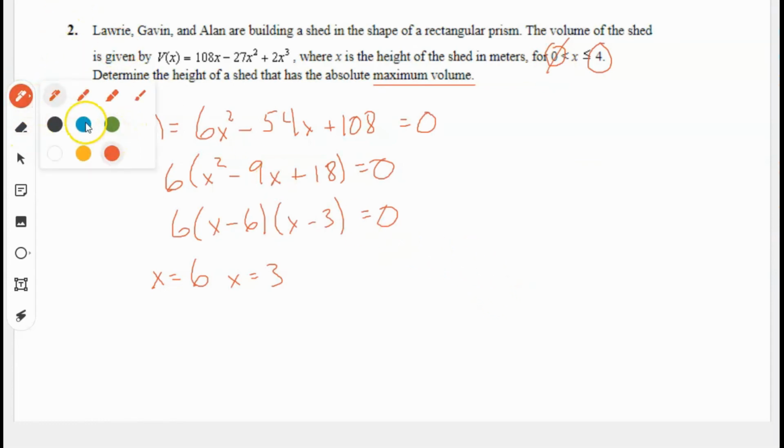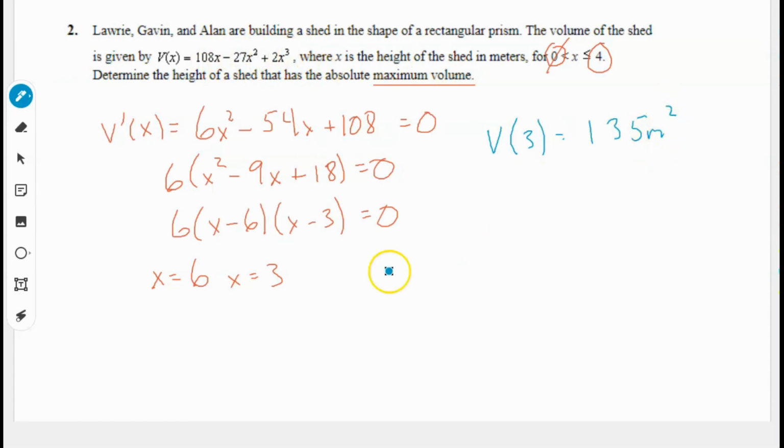So let's test what the volume would be at 3. If we sub in x is 3 into our volume equation, we get 135 meters squared. So maybe let's try 6.